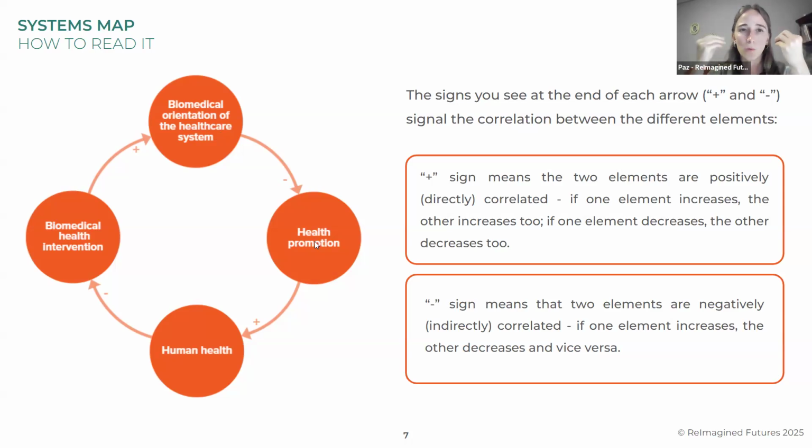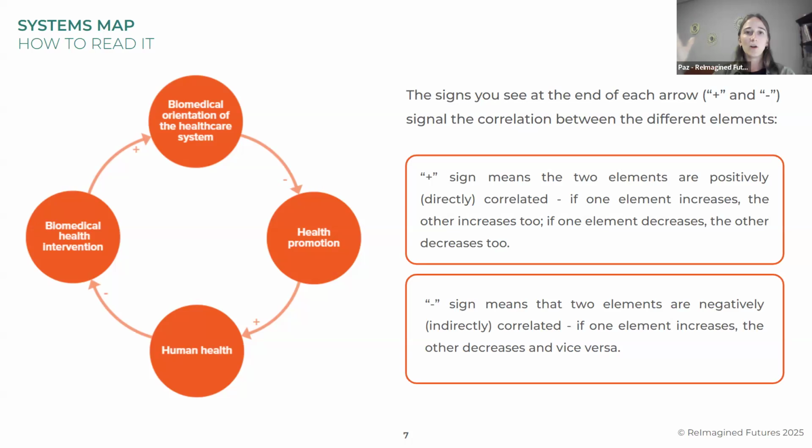Sometimes you will see that the narrative of the story is very, very important. The description of the feedback loop is very, very important to understand the system map. That is why we always stress the importance of having the descriptions of the loops when presenting a systems map, because one can read it differently than the story that the feedback loop in itself is telling.